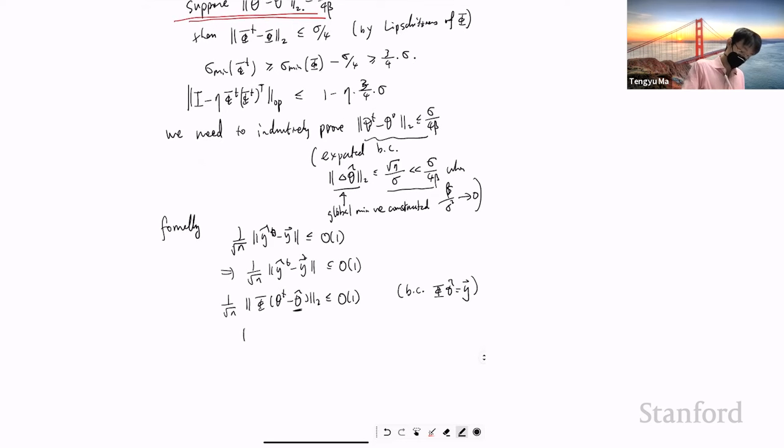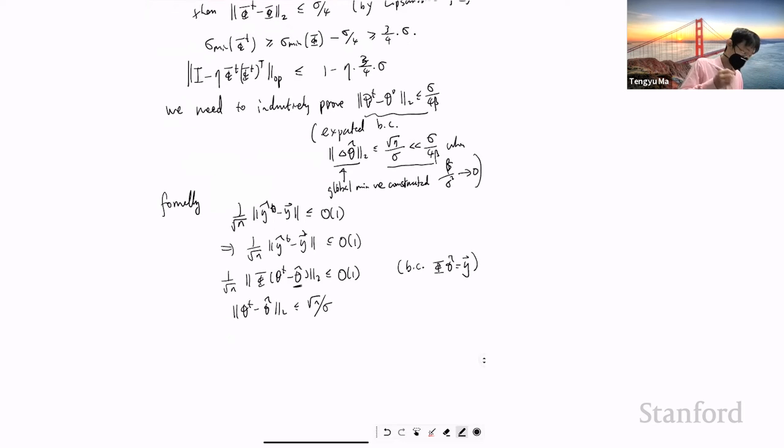And then this means that the 2 norm of theta t minus theta hat is less than square root n over sigma, which is expected, right? You are saying that your iterate is not very far away from your target theta hat. And then you also know that your target theta hat is also not very far away from theta 0.